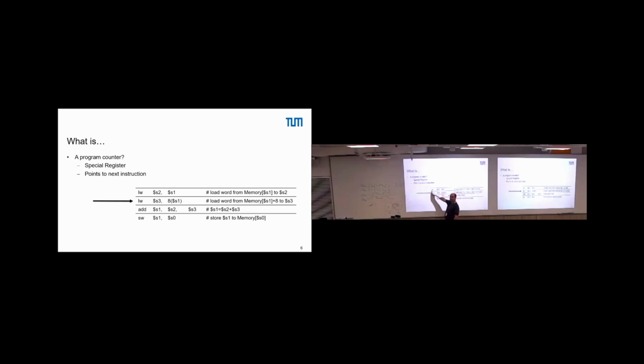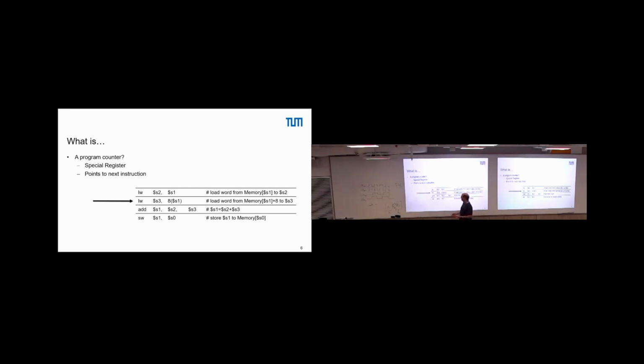In the system, this will of course not be an LW, it will be some sequence of zeros and ones, and we need to know how to interpret this sequence. So obviously we need some decoding, we need some kind of a state machine, because only the state machine can tell us what to do when this comes. We need some registers, as you say, we need some adder, we may have to add some logic.